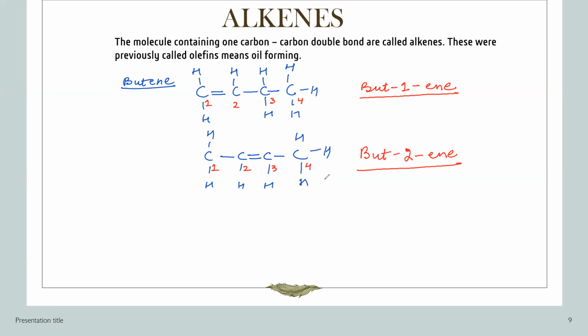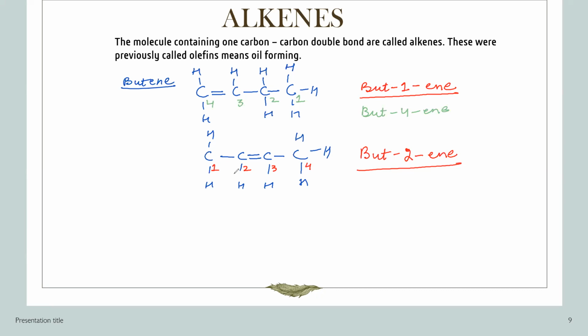So next, there comes a very nice thing. What if I name it from the right hand side? I tried naming from the left hand side. What if I name it from the right hand side, like 1, 2, 3, 4? Then the name should be but-4-ene.